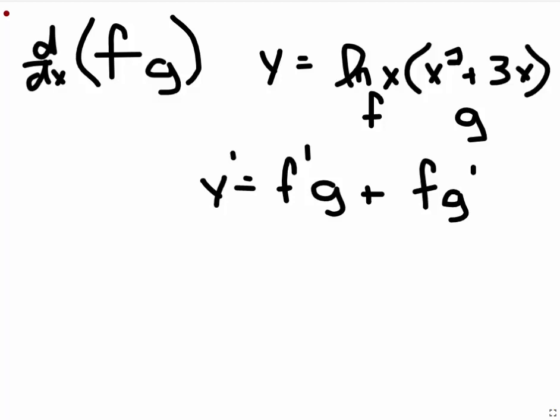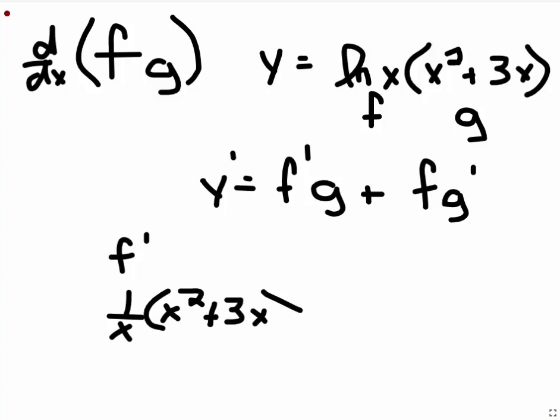So in this case, f prime is 1 over x, we just learned that, times g, so 1 over x times x squared plus 3x, plus f, which is the natural log of x, times g prime, which is a power rule, 2x plus 3.